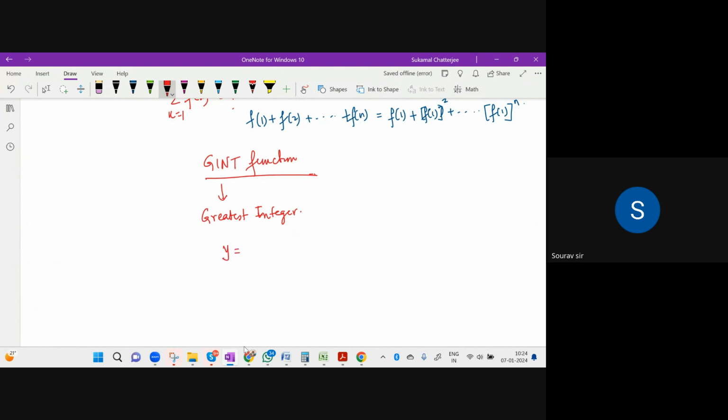So let's say y is gint of x. This is called the gint function, where the box means the greatest integer less than or equal to x.